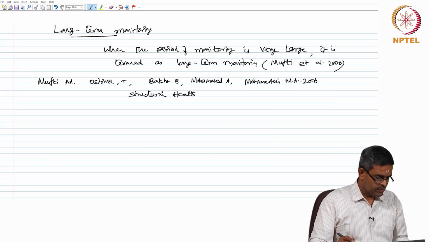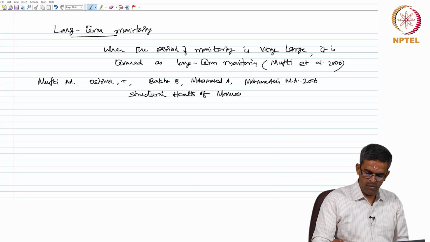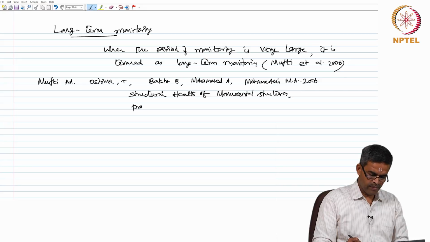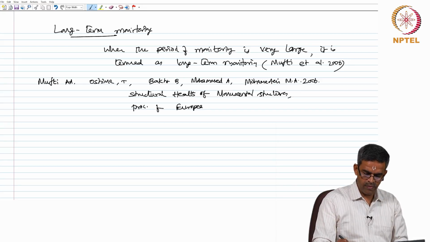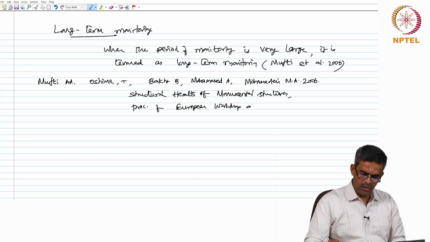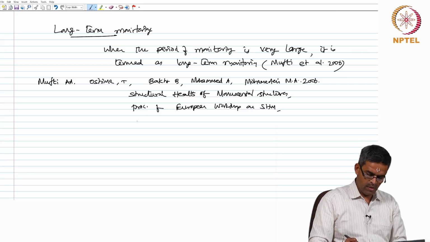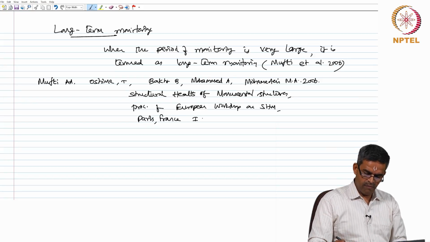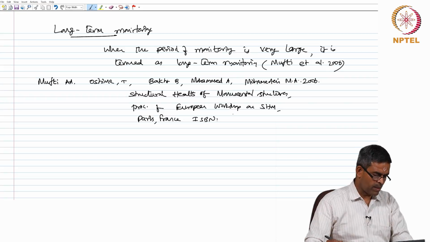Structural health of monumental structures, proceedings of European workshop on SHM, Paris, France, which has an ISBN number of the publication.